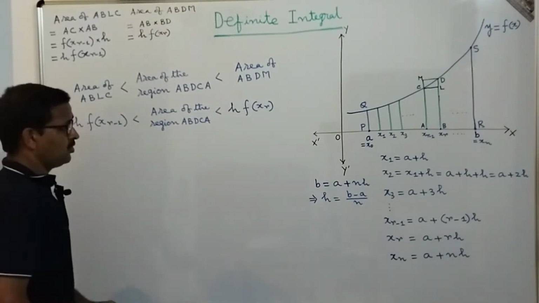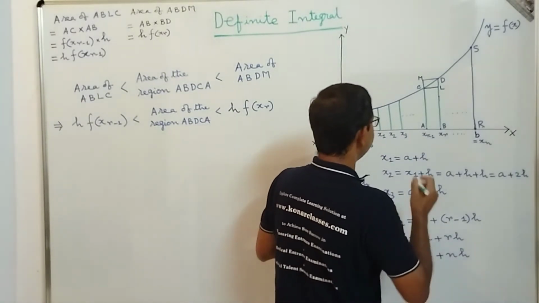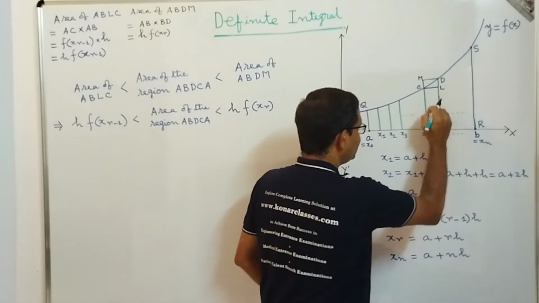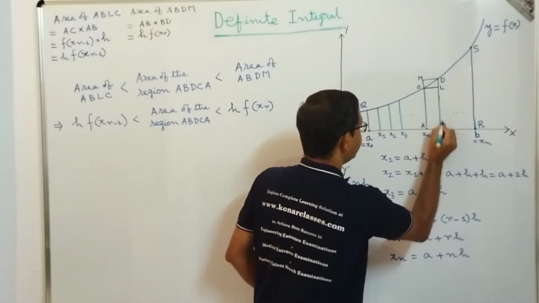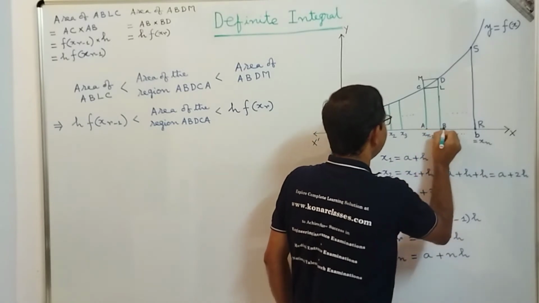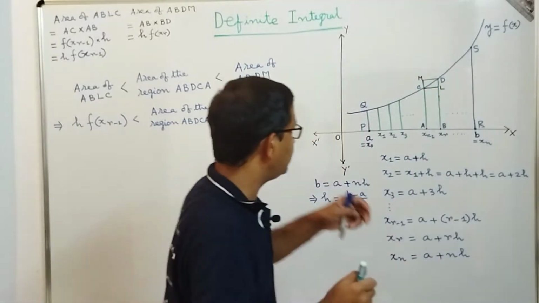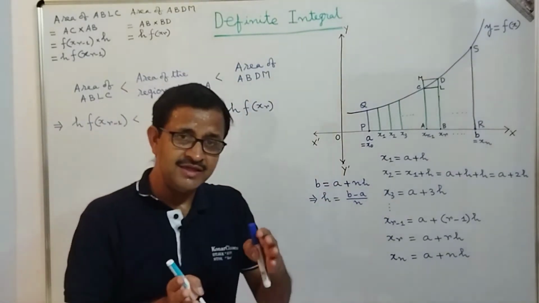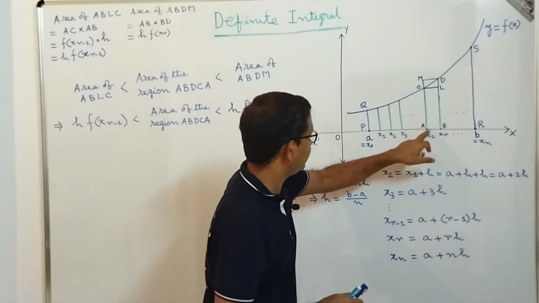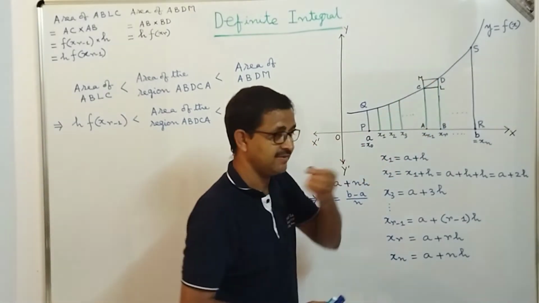Now, so let me tell you once more that area of the region ABDCA is actually greater than the area of the rectangle ABLC, but lesser than the area of the rectangle ABDM. So that means the area of the bounded region ABDCA is actually sandwiched between the area of the rectangle ABLC and area of the rectangle ABDM.